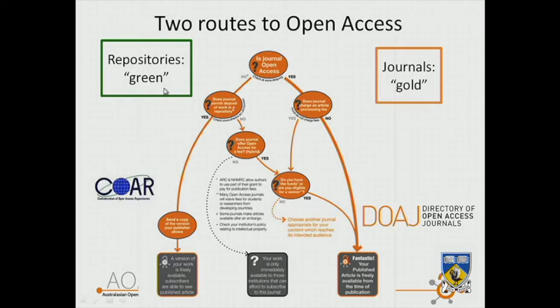I think that in Australia, and I'll come on to why this is important in a minute, the primary route is green open access. Why reuse becomes so important will become clear in a minute, because the repositories are in a very interesting space in the whole discussion around open access. In many ways, gold open access is simpler to understand, but it has its own challenges, as many of you will know.